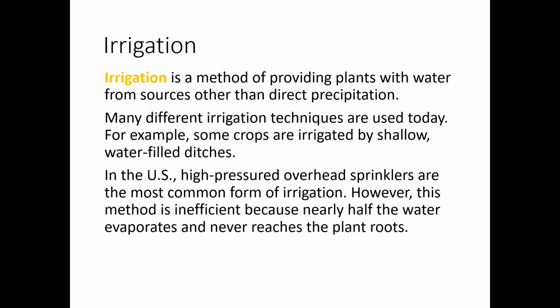Or it can be used in normal agriculture, where the most common form of irrigation is high pressured overhead sprinklers, where you're adding extra water from overhead, in addition to the normal water you would get from rain or the groundwater in the land itself.